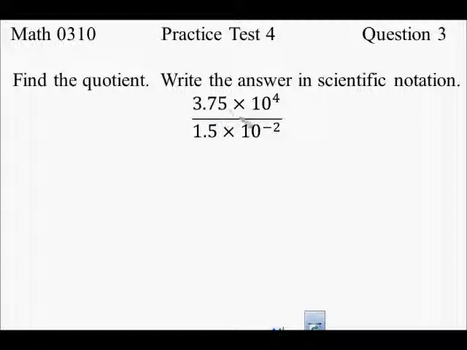Alright, so here what we can really do in a problem like this is we can break it up into its parts. So this is actually going to be the same as, let's break it up into the constant parts here.